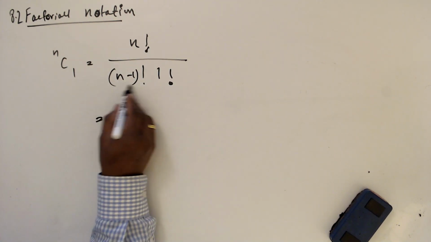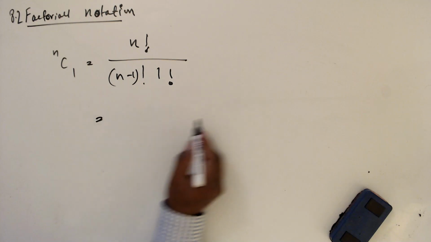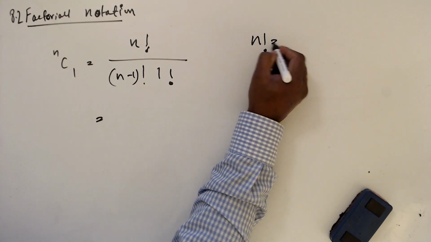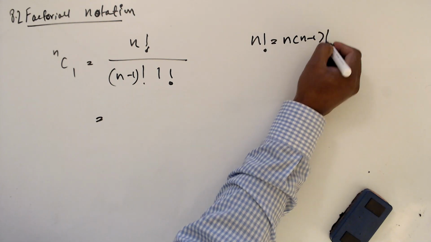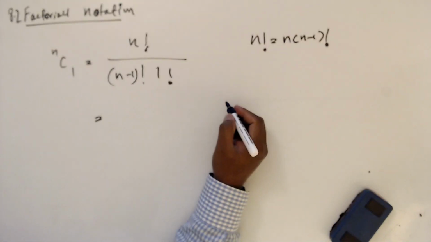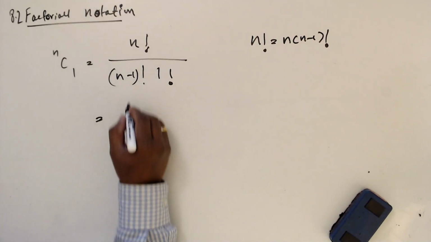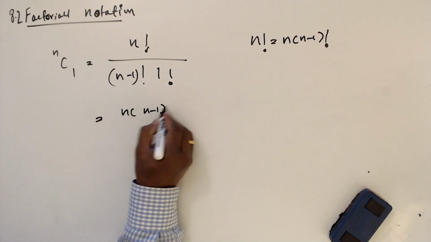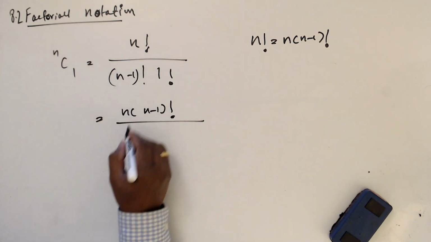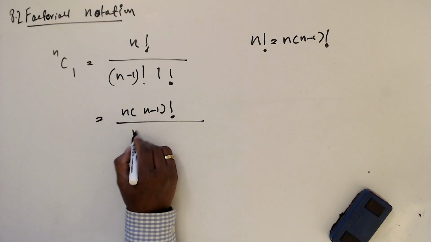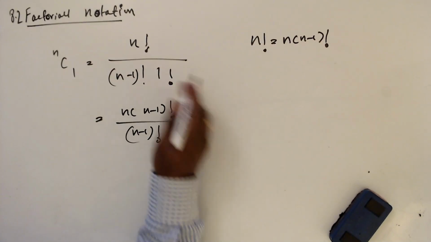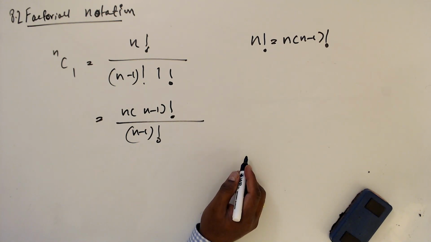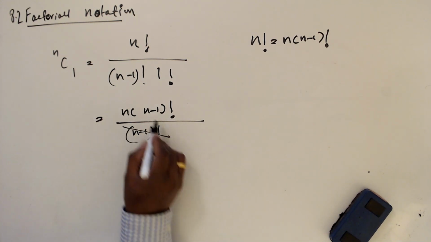I can see n minus 1 here, so I will write factorial n in terms of n minus 1: n times n minus 1 factorial. Now I can write n times n minus 1 factorial on top, and this is going to be n minus 1 factorial below, and factorial 1 is 1, so I can avoid that one. Now you can see they simply cancel out.